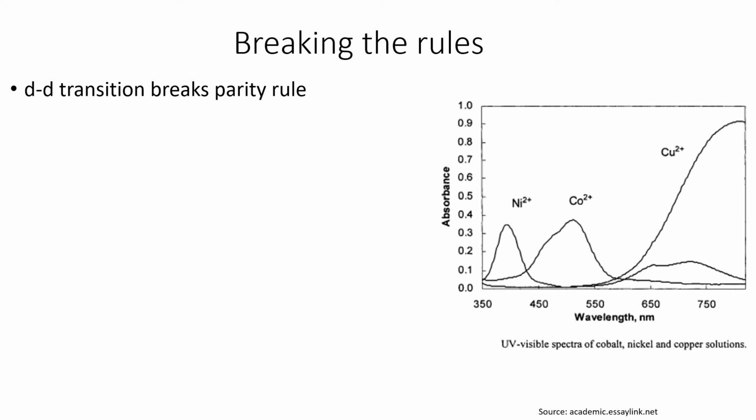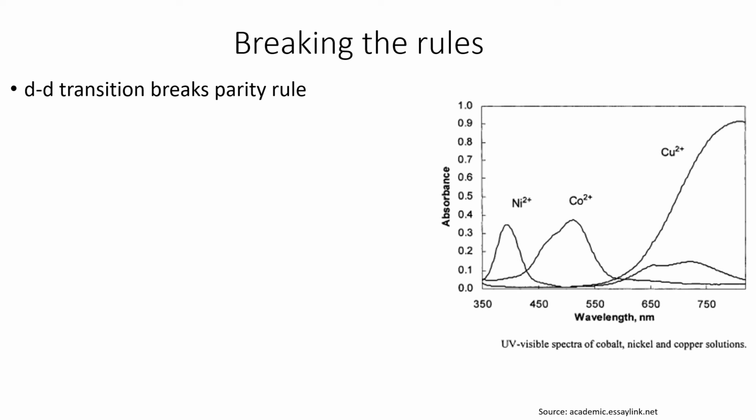And so now I'm going to jump ahead to where things go slightly wrong, where we see transitions despite rules being broken. So when you do UV-Vis spectroscopy on transition metal ions, we typically see transitions between d orbitals, the electrons moving from one d orbital to another, so-called d to d transitions.